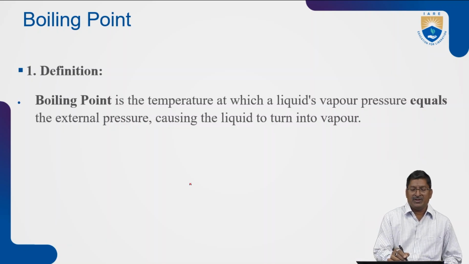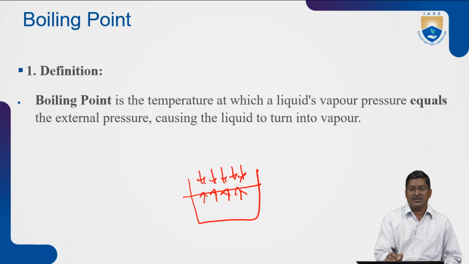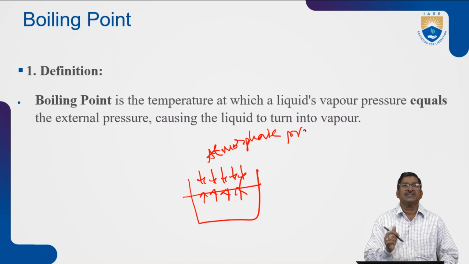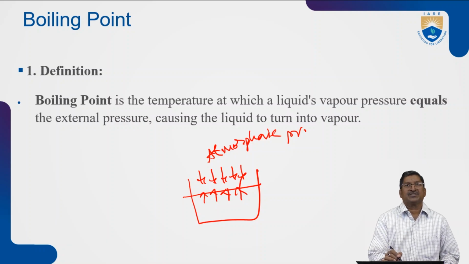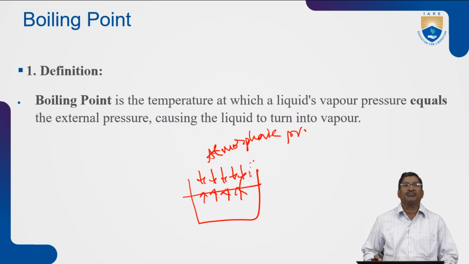That means if a liquid is there, it will have some internal energy, and it will also have some external force, which is normally atmospheric pressure. So what is the definition telling? If the external pressure and internal pressure are equal, then boiling will start. That means this liquid will be converted into gaseous form. That point is called the boiling point.